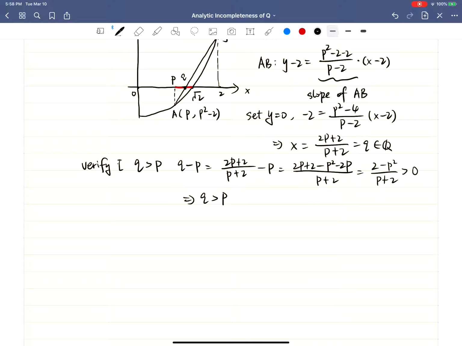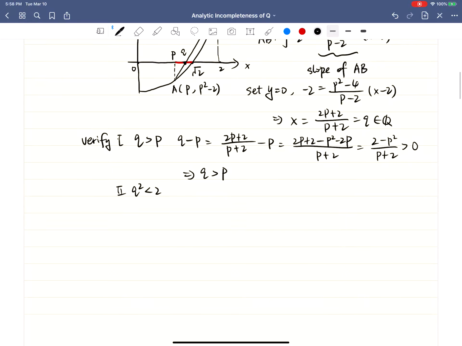And the second part we need to verify is Q squared is less than 2. Again, we calculate Q squared minus 2, which is ((2p plus 2) over (p plus 2)) squared minus 2.